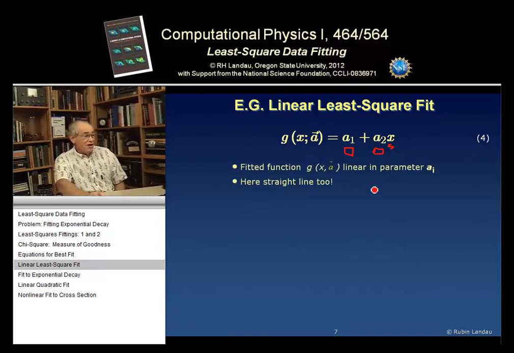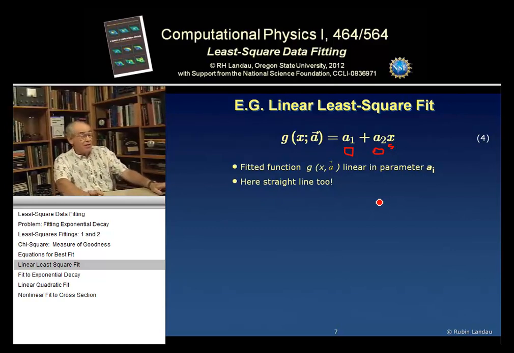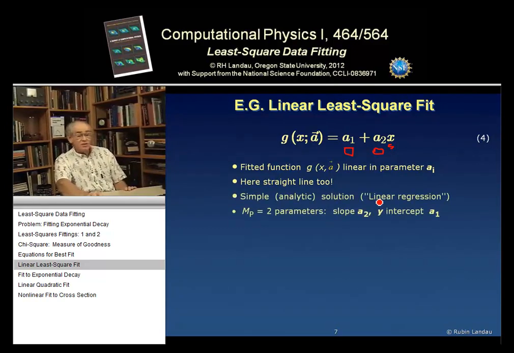So here's our fitted function. It's linear in the parameters. It's also a straight line. But it's really being linear in the parameters that makes this so easy. It's so easy that people, particularly in the liberal arts and social sciences, will call this a linear regression, meaning it's a straight line fit. We say it's just a straight line fit. Okay? So we have 2 parameters.